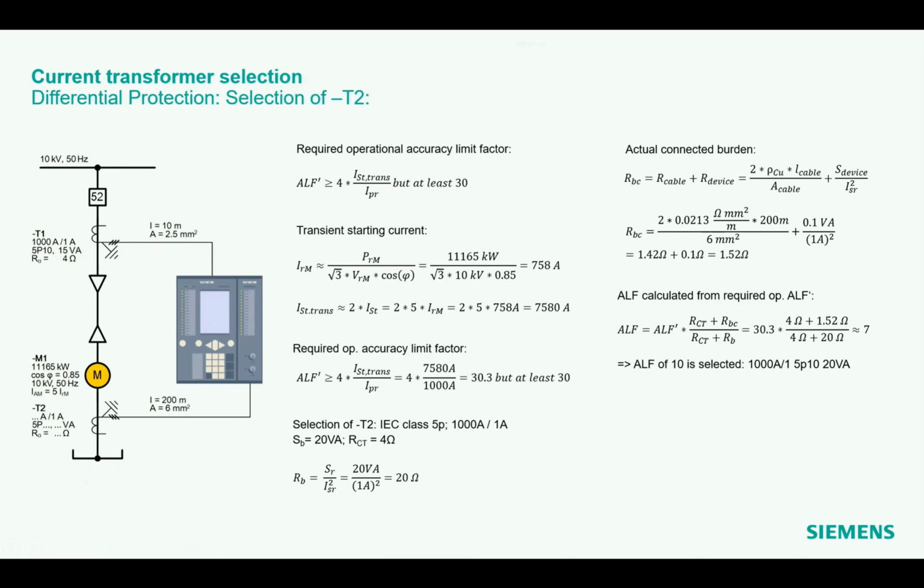As a tendency, I would rather go for a lower burden value and a higher ALF factor, because the calculation here we need to rely on the internal resistance of the current transformer here, this 4 ohm. And if I say I need 30 times nominal current and I don't need so much burden, then maybe the current transformer is more defined in that direction than saying I need the incredibly high burden and I don't care so much about the accuracy limiting factor.